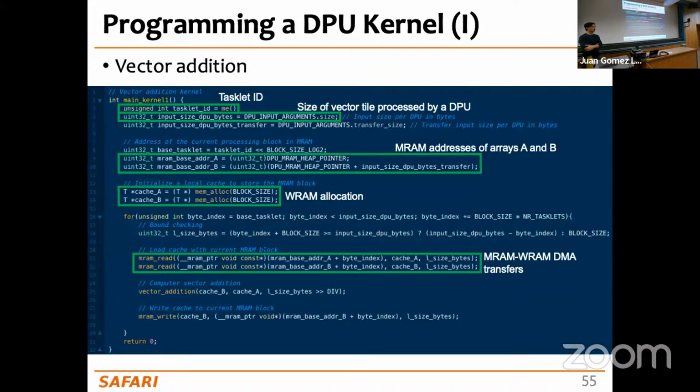I may have said that tasklets can share memory if they reside in the same DPU, because as I said, these WRAM arrays can be shared, but not if it's another DPU. That's impossible. So every single address that you have in this code belongs to either the MRAM or the WRAM of the same DPU.